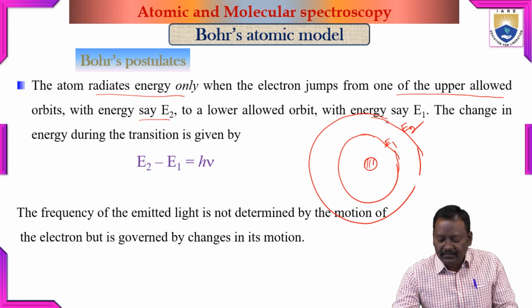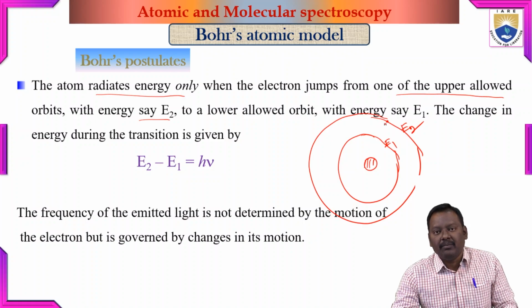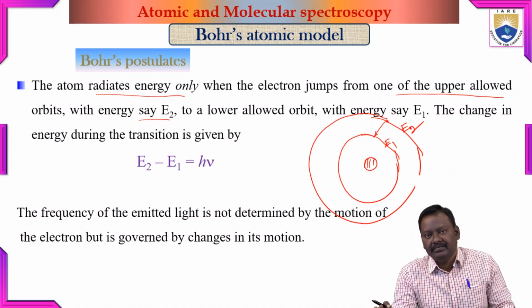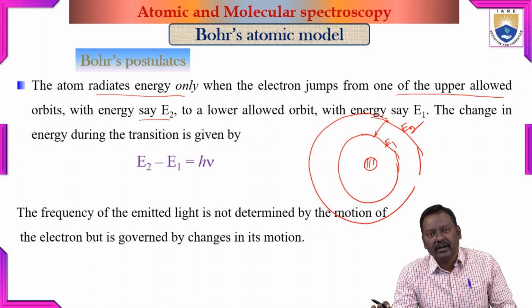If the electron jumps from the upper orbit E2 to the lower orbit E1, then only energy is emitted. Otherwise, there is no emission or absorption of energy if it is moving in constant orbits. Energy is emitted only when the electron jumps from higher energy E2 to E1.